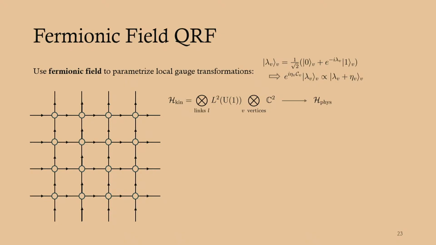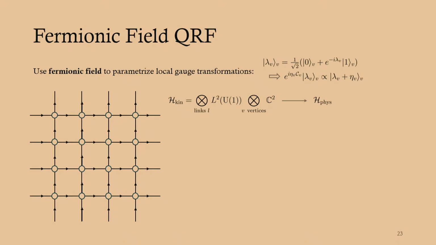And now to find QRFs for this model, including fermions, either we can use the spanning trees from before, which works just as well, or we can use the fermionic field to parameterize all the local gauge transformations. And the idea here is that we can use these states, lambda v, which have this relative phase e to the minus i lambda v. And if I act on this with this local gauge transformation, this will change the phase lambda v to lambda v plus eta v.